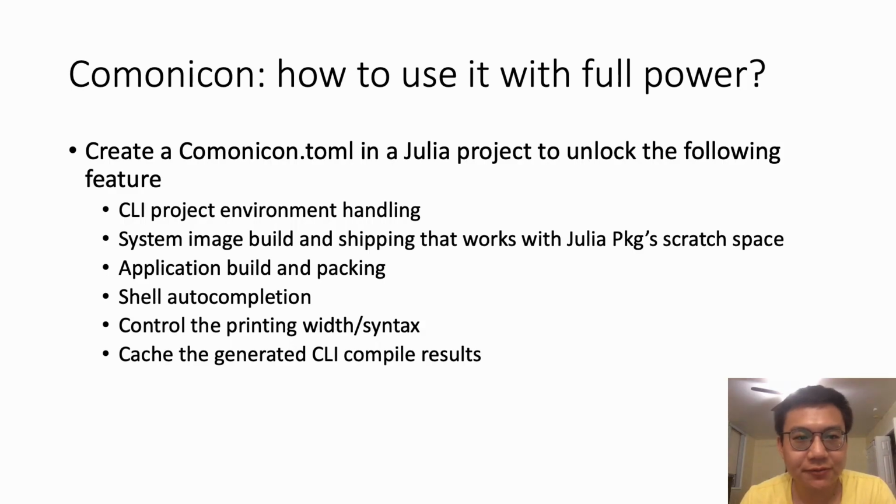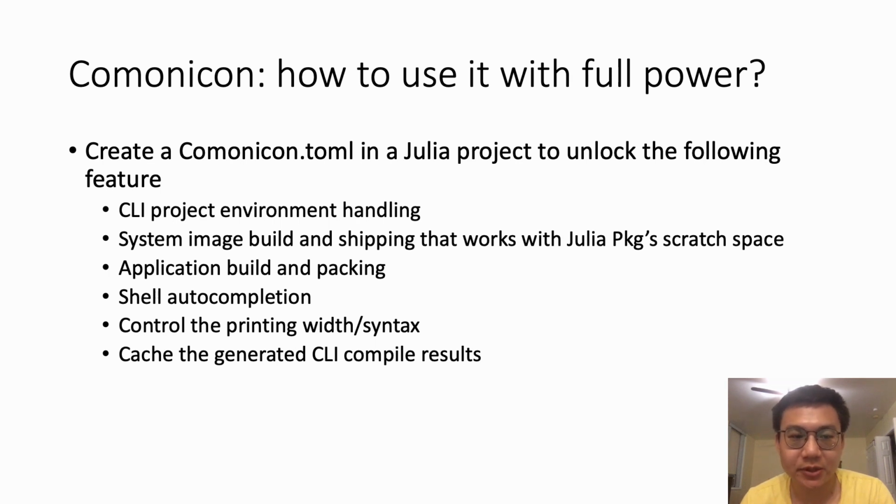To utilize the full power of Comonicon, we recommend you create a Julia project, which we call a Comonicon application. This will help you create a CLI application that unlocks the following features. First is environment handling, for both the CLI script environment and the corresponding application environment.